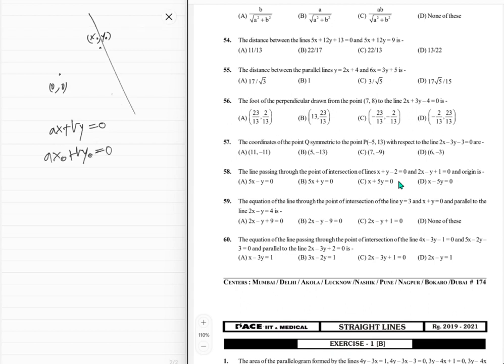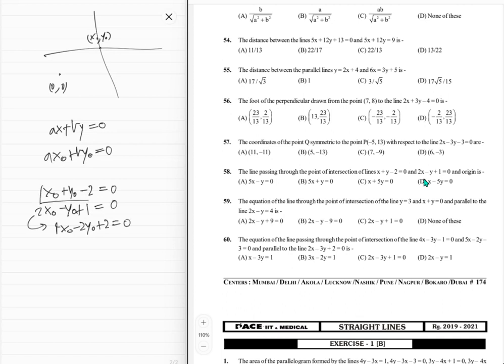But it is also passing through the 2 other lines, so it satisfies x naught plus y naught minus 2 equal to 0 and 2x naught minus y naught plus 1 equal to 0. That means it also satisfies 4x naught minus 2y naught plus 2 equal to 0, and combined, it also satisfies 5x naught minus y naught equal to 0. Just add these two; both are true, so their addition is also true.